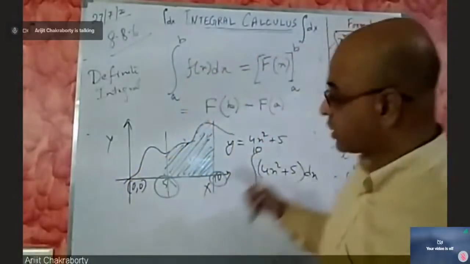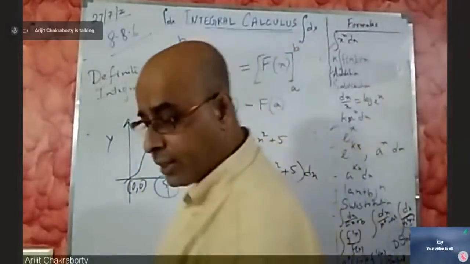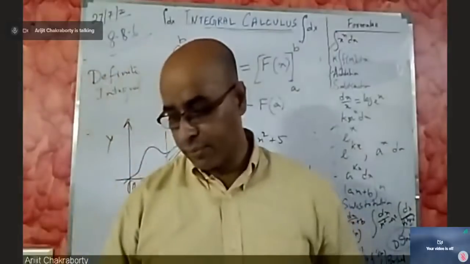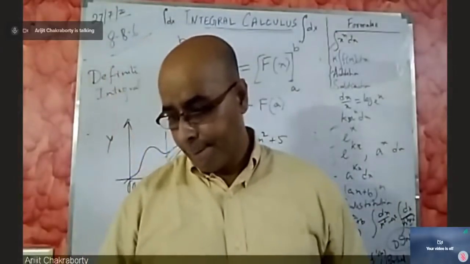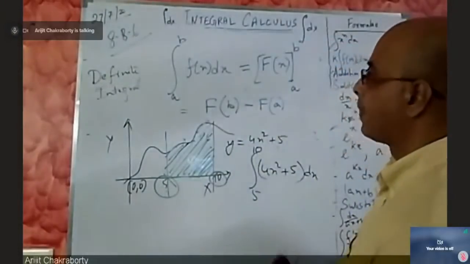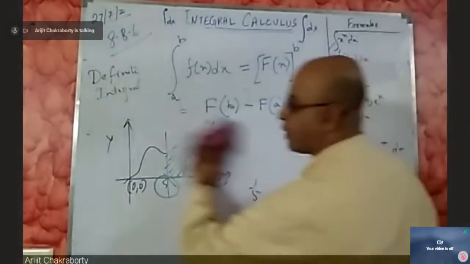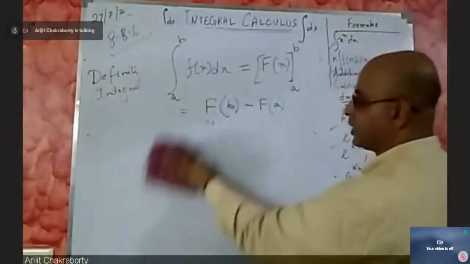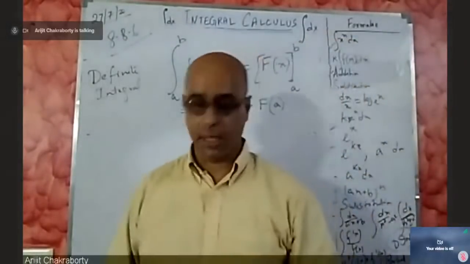So this is what is called definite integral, and now we will take an example to clarify. Let me take a very small example, you will understand. I am rubbing this part and taking a very small example of definite integral, and then we will go into the question answers.